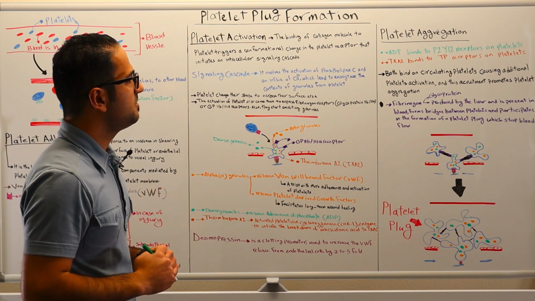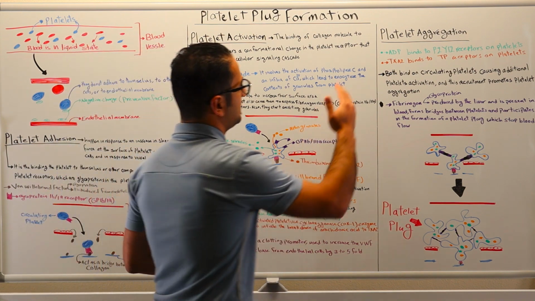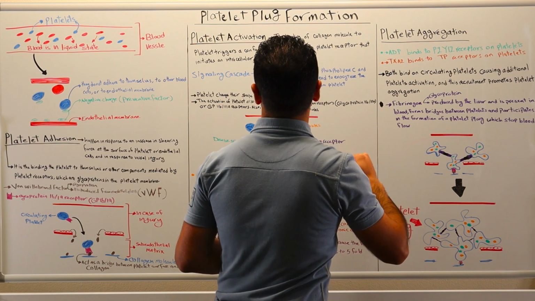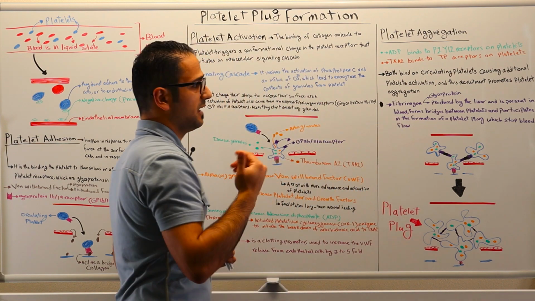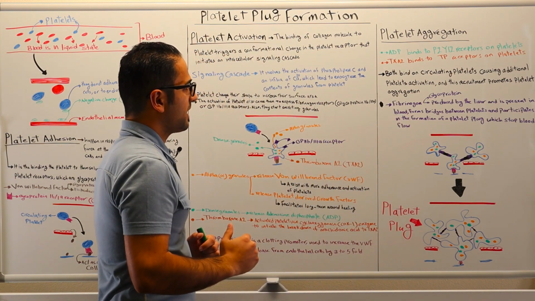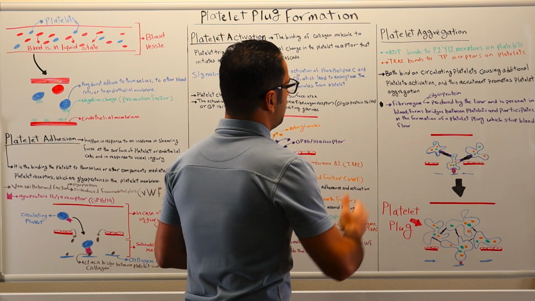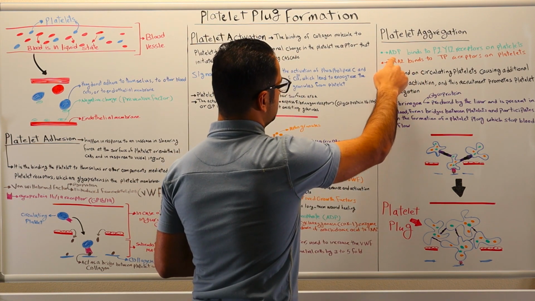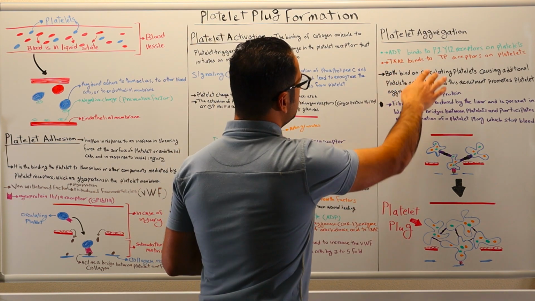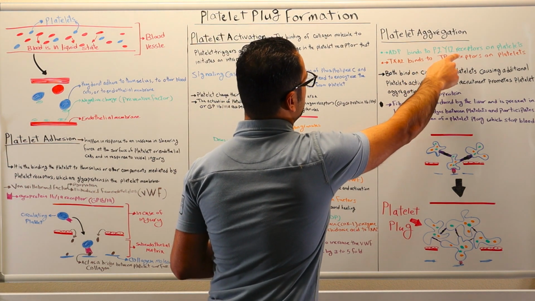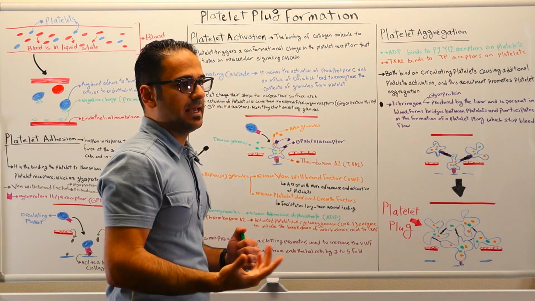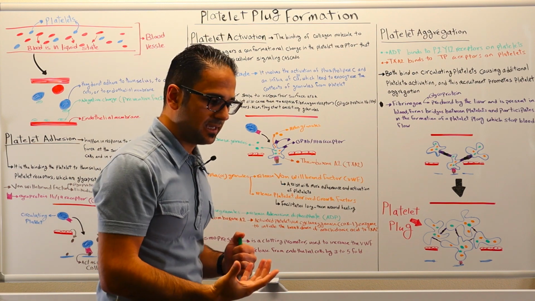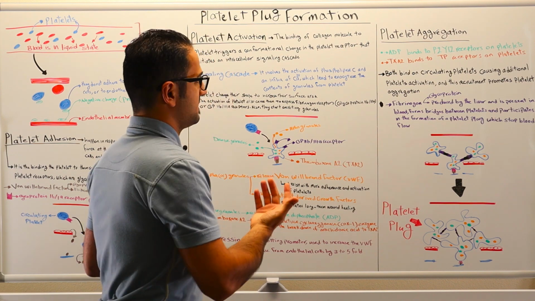Now moving to platelet aggregation, which is the third and final step in platelet plug formation. In this step, ADP, or adenosine diphosphate, binds to the P2Y12 receptors on platelets, and these are the platelets that are circulating in the blood vessels.